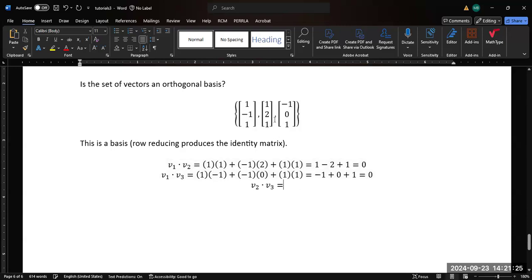And then if we do V2 and V3, we're also going to get 1 times -1 plus 2 times 0 plus 1 times 1, which is -1 plus 0 plus 1, which is also 0. So these are mutually orthogonal, and so this is an orthogonal basis. If any of these dot products gives you something other than 0, it's not orthogonal.